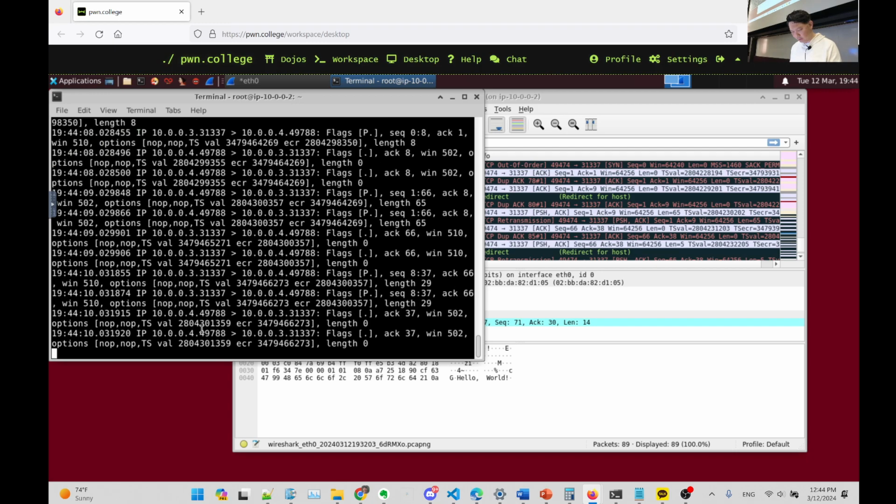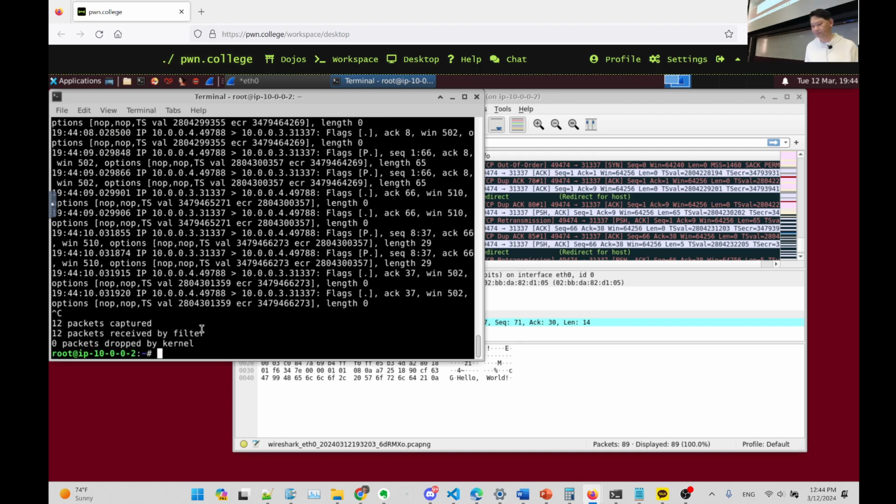Yeah, it can now listen to the traffic from 10.0.0.3 and 10.0.0.4, because 10.0.0.2 has the MAC address of both parties, right?